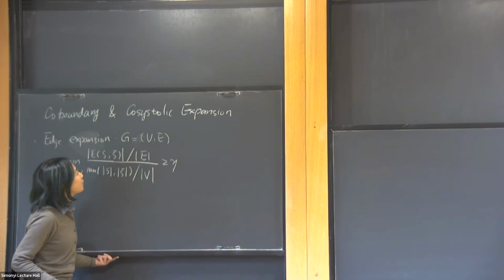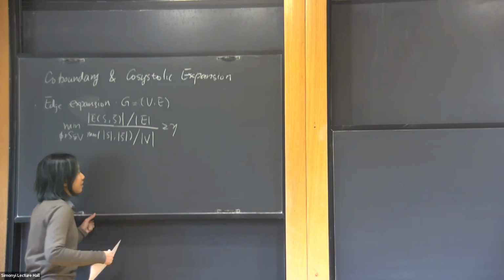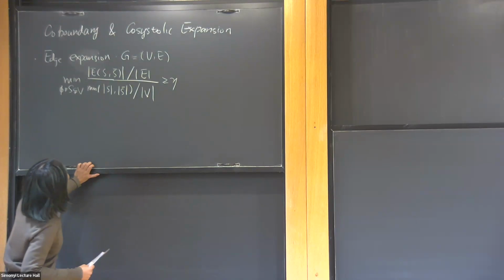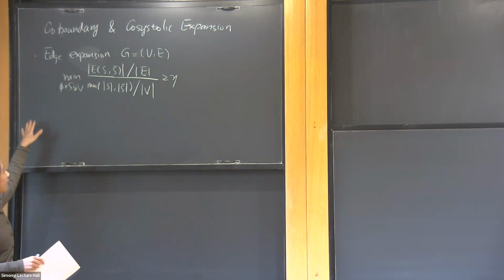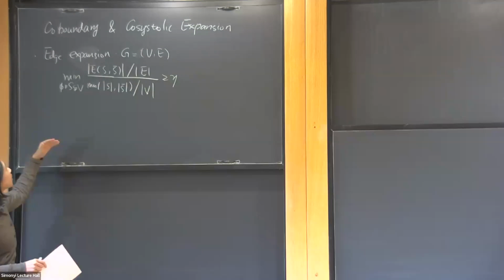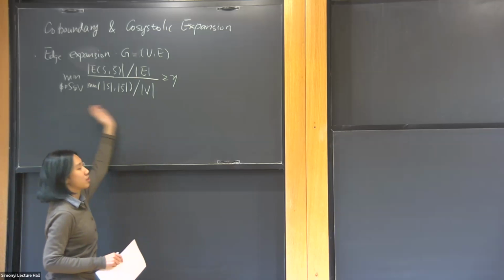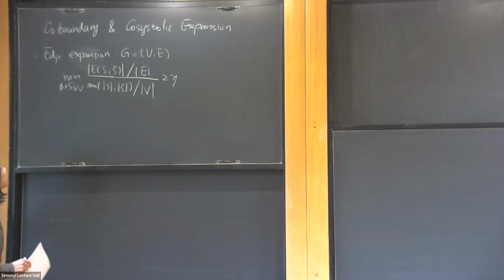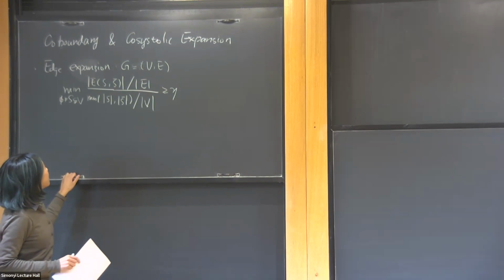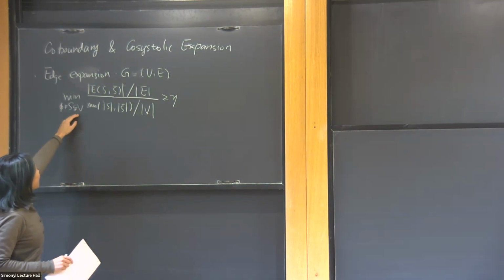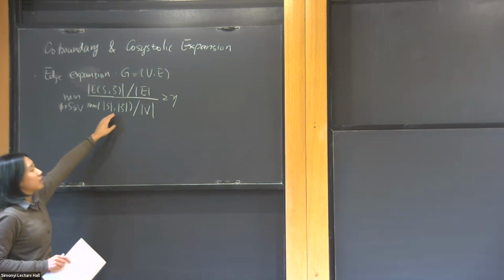As I'm writing underneath this board, I just want to quickly recall what edge expansion is. Later we can see how the formula for the so-called coboundary expansion generalizes this condition in a very nice way. Edge expansion for a graph is defined as follows. We define this quantity to be basically the conductance of the graph.